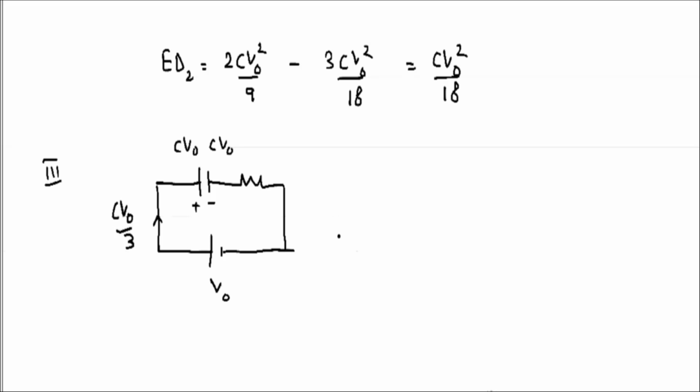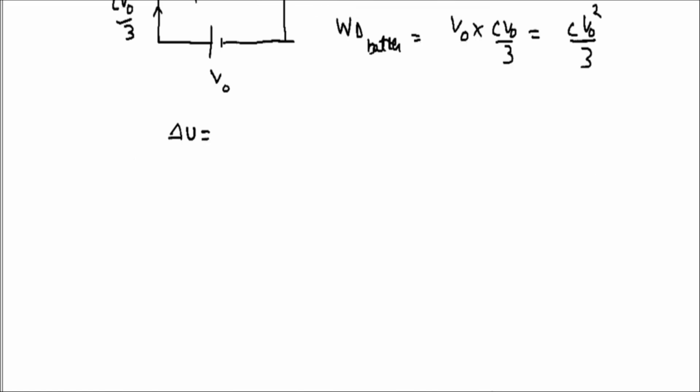Now if this is the charge which has flown by the battery, then what is the work done by the battery? It is equal to potential times the charge flown. So it is V naught times CV naught by 3, which would turn out to be CV naught square by 3. Now what would be the delta U, that means the change in the potential energy of the capacitor?